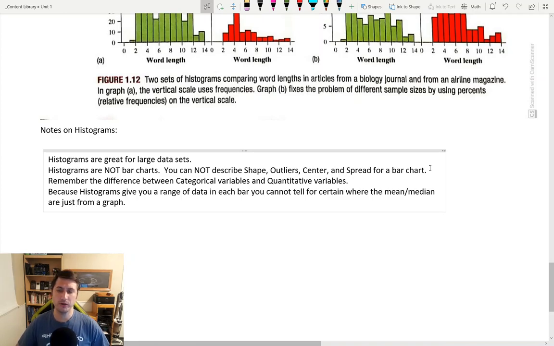If you remember a few questions we've done, I've asked you, hey, what's the median? And I've given you the dot plot. Well, you can count the dots and figure out where the median is. You can't do that with a histogram. You can only estimate. But you can estimate, hey, it looks like the average is about here, the median is about here. You can do that estimate, but it is an estimate.